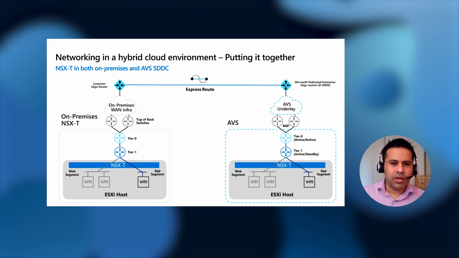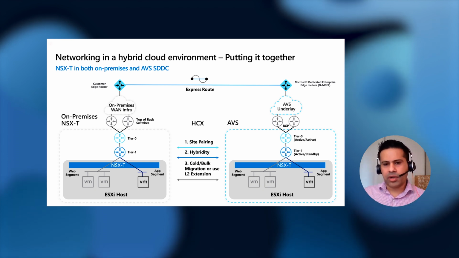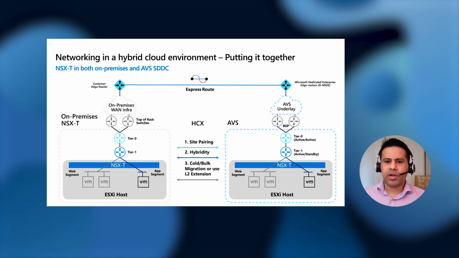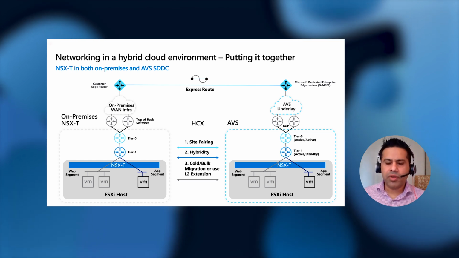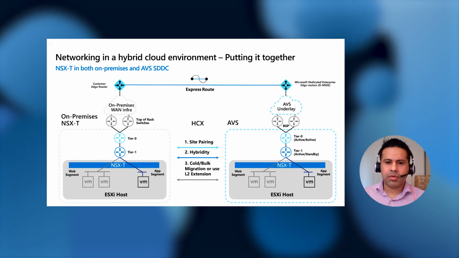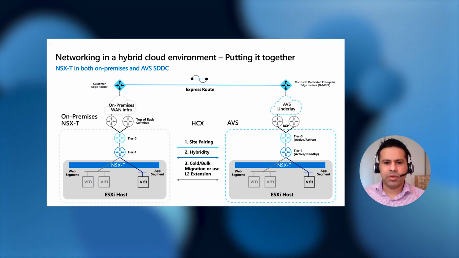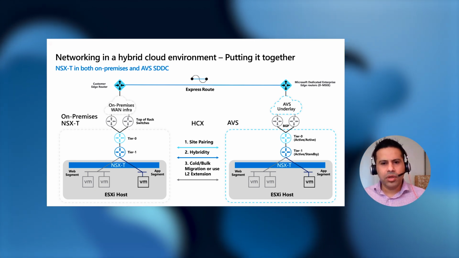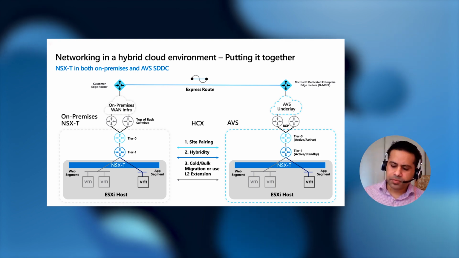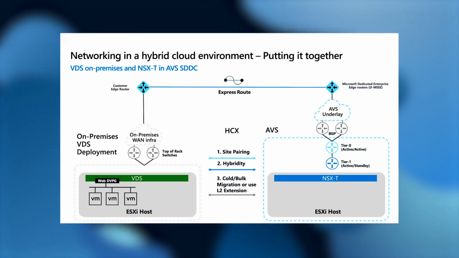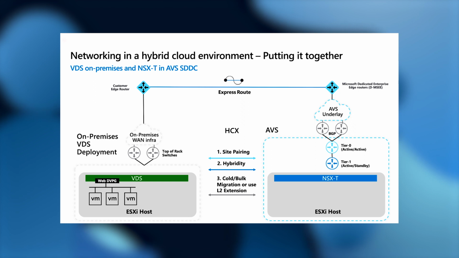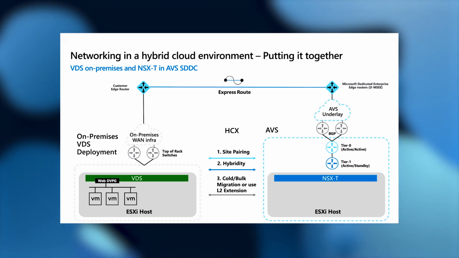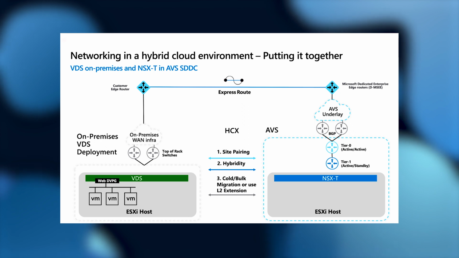So you can establish HCX, connect the two sites, establish hybridity, and use cold migration, bulk migration, or L2 extension to extend your L2 segments from on-premise to the AVS environment. Moving on to the next topology, where I'm using VDS in an on-premise environment, and NSX-T is the default networking stack in Azure VMware Solution.